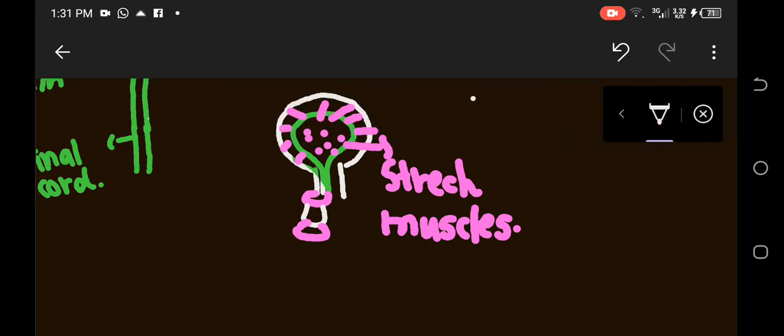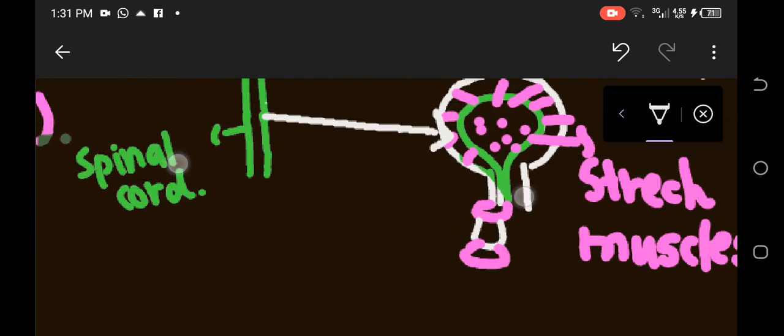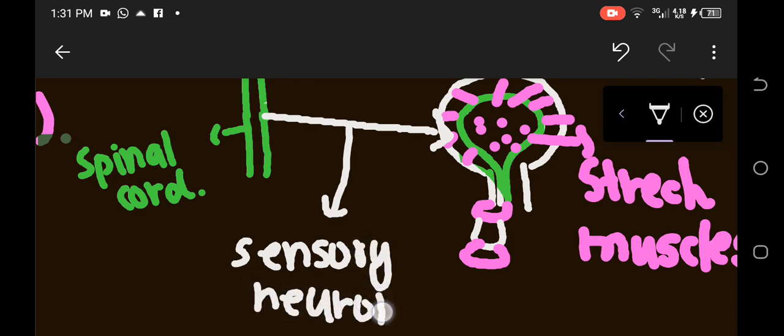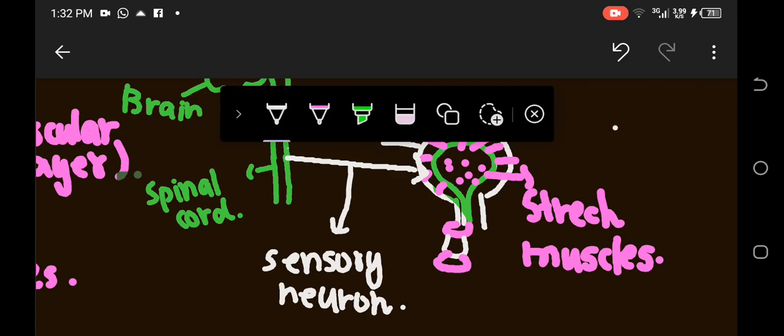So from our brain, the command from the spinal cord or brain will go through the sensory neuron to these muscles. When these muscles stretch, this command is carried by the sensory neuron.